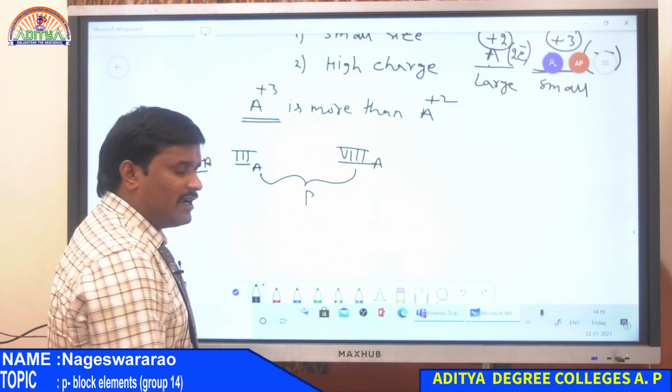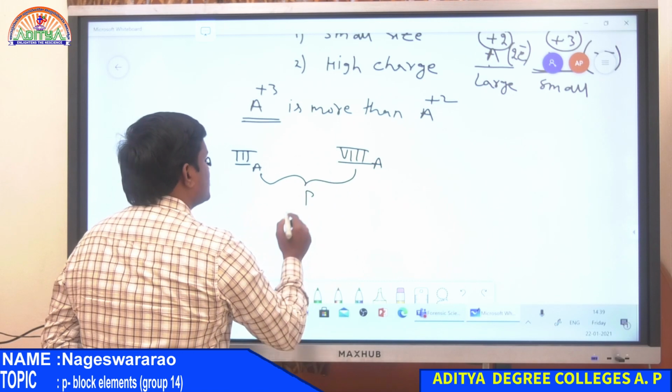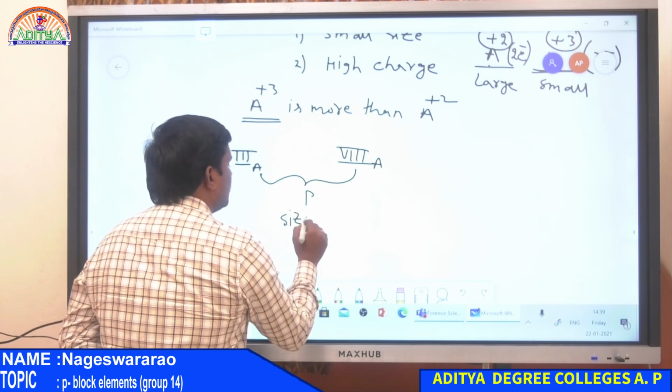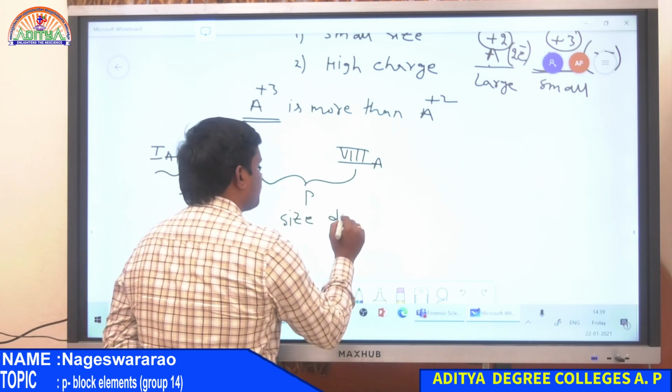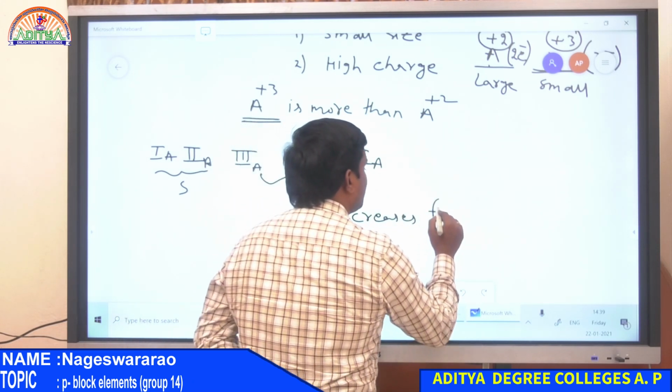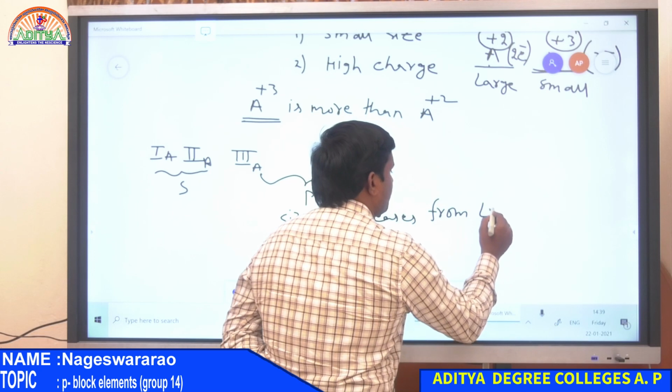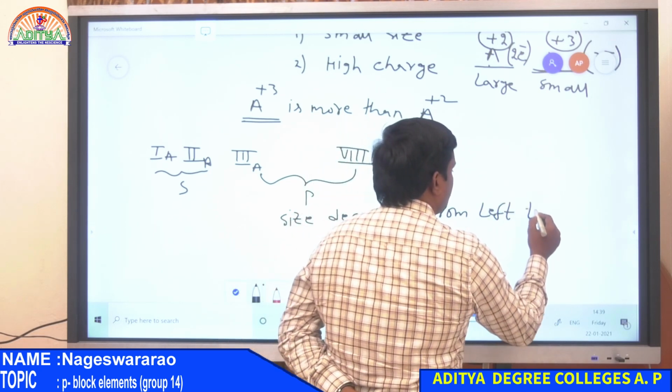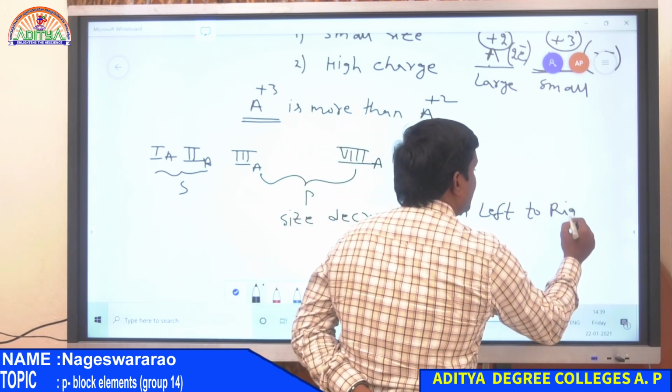So, in a period from left to right, the size of the element decreases. Size decreases from left to right in a period.